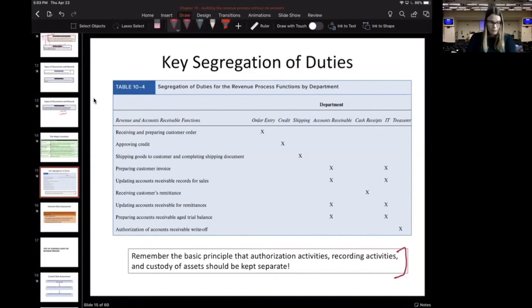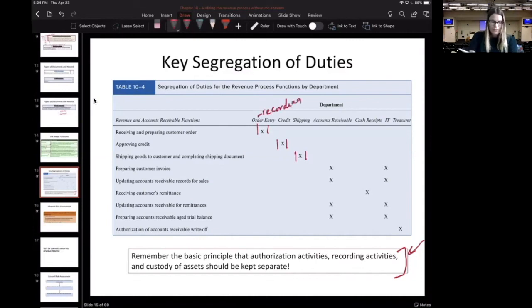So for example, we see that the order entry process is separate from the credit authorization process, which is separate from the shipping process. And this makes sense based on our basic principle, because the order entry process is a recording activity.